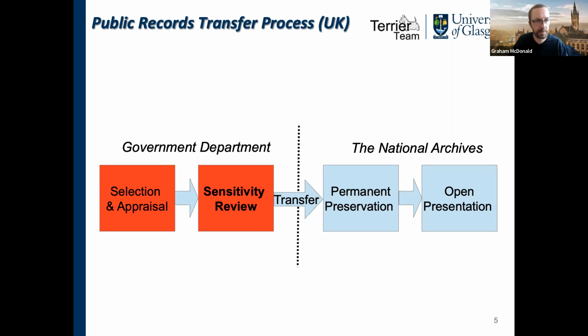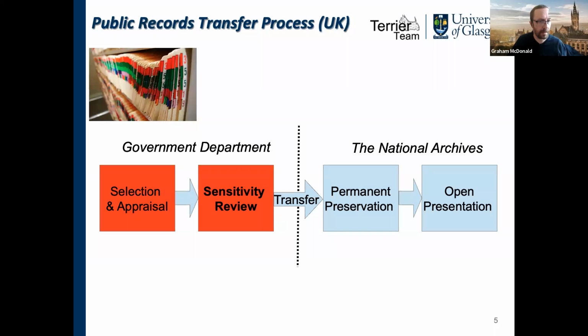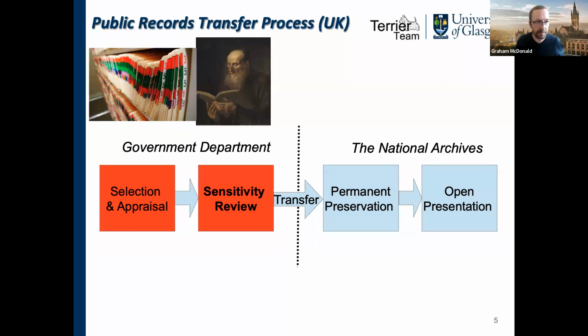Okay, so how has this process changed over the years? Traditionally, all documents were physical documents, which were stored in files, in large vaults, and pieces of paper. Someone would have to go through these documents individually and read all the documents and mark out any sensitivities that were on them.